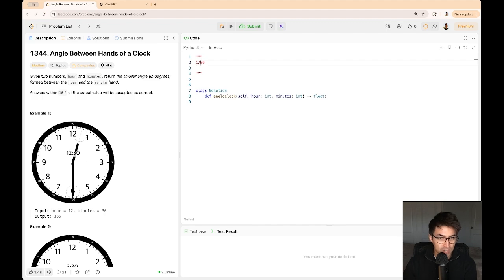So if we're at 30 minutes, then we can multiply the amount of space for 1 hour, 1/60th of an hour, per minute. The short hand moves per minute of the minute hand.